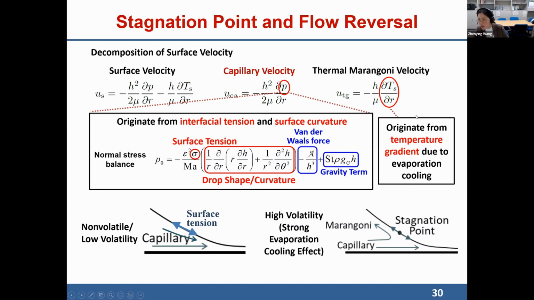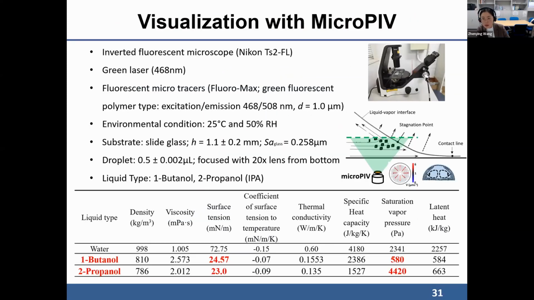In this case, the thermal Marangoni velocity, which originates from the temperature gradient, becomes large. So it reverses the flow direction near the contact line and will form a stagnation point near the droplet base, near the contact line area. This is a further discussion of the flow structure near the contact line.